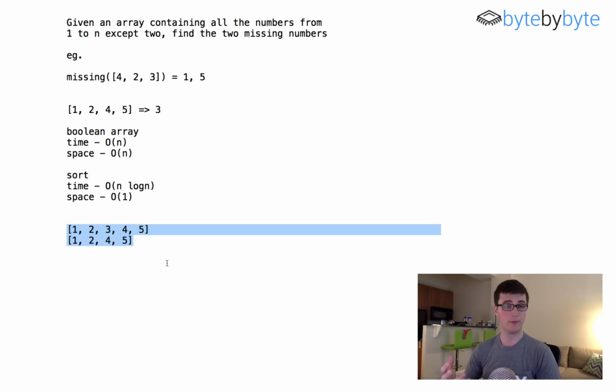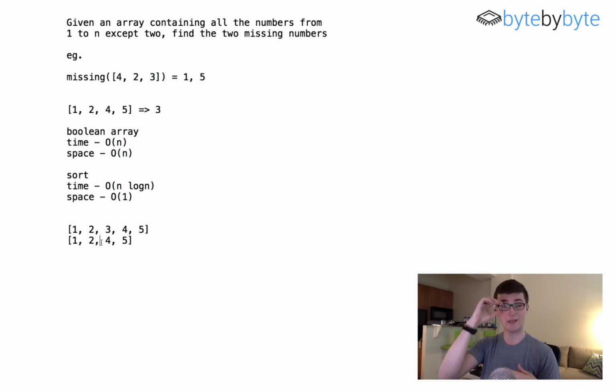So for example, we could sum up both arrays and look at the difference of those two sums. Because when we sum up this array, we're going to get the sum of this whole thing. And then when we sum up this array, we're going to get the same sum, but minus 3, right? Because we don't have a 3 in here. So we could sum up this ideal array, and then sum up the one that we have and take the difference of them.